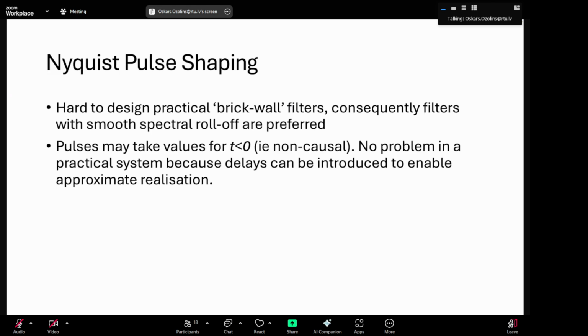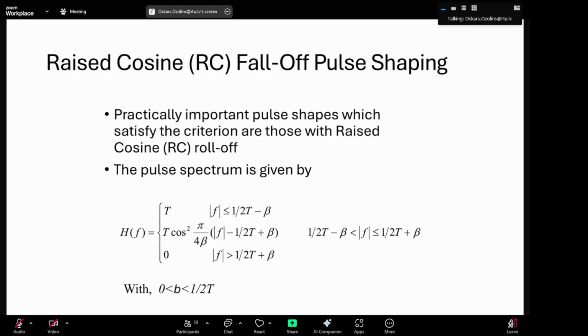The problem with this Nyquist pulse shaping is that it's really hard to design these practical brick wall filters to get very bandwidth-limited and time-limited signals. Then we come to raised cosine pulse shaping, which is done in this way.